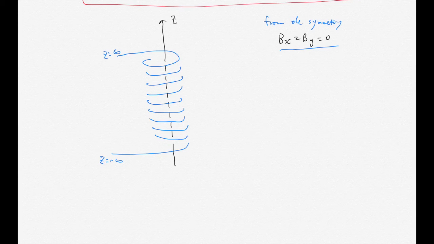At first, we'd like to consider the path outside of the coil. So this is the integration path, a rectangle of length L. For example, the distance from the axis to this point is R sub 1, and to this point is R sub 2.